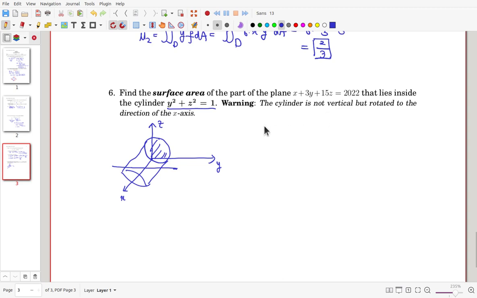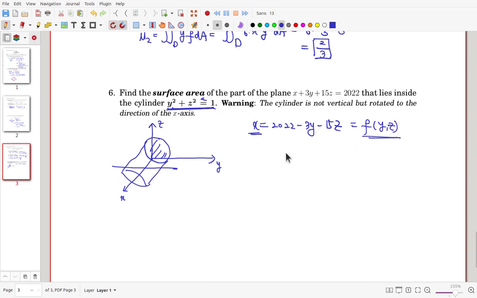So we may write x equal to, from this one, 2022 minus 3y minus 15z. Of course, that is f of y, z, and the domain is along y and z. We make such a surface defined over this domain.